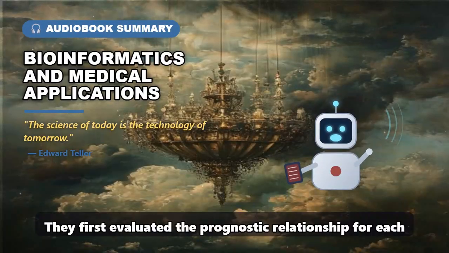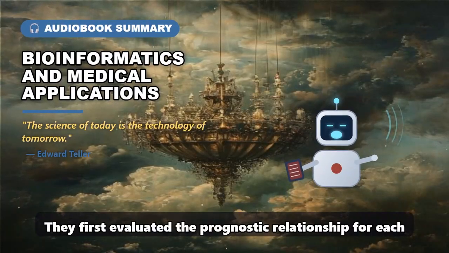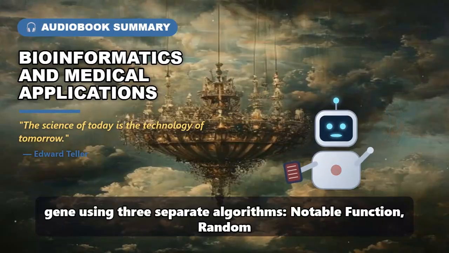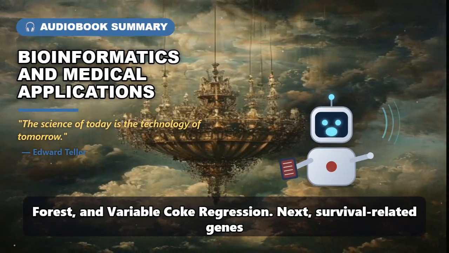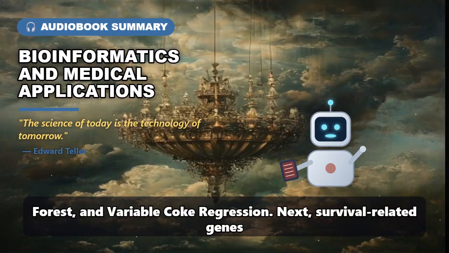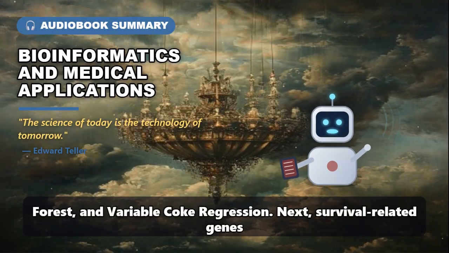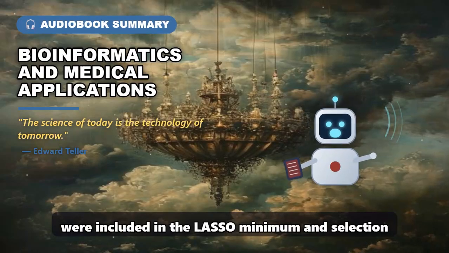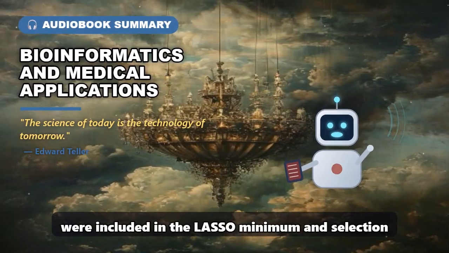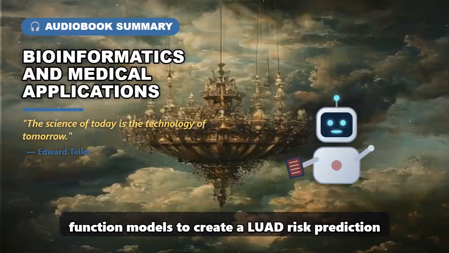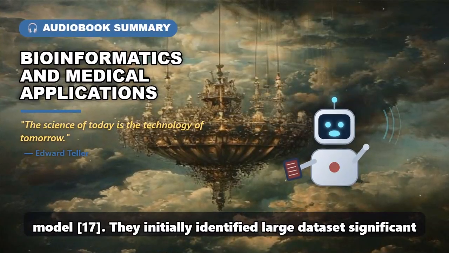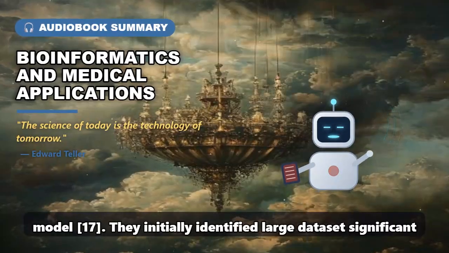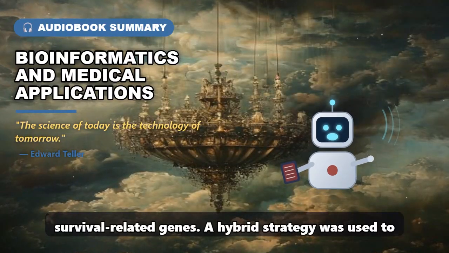They first evaluated the prognostic relationship for each gene using 3 separate algorithms: univariate function, random forest, and variable Cox regression. Next, survival-related genes were included in the lasso minimum and selection function models to create a LUAD risk prediction model.